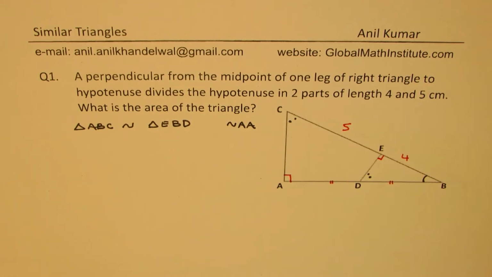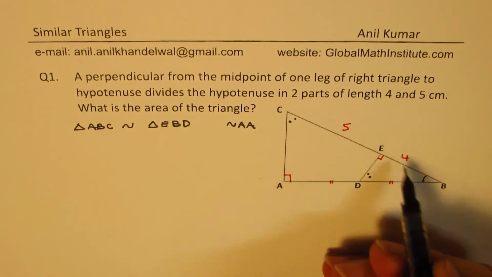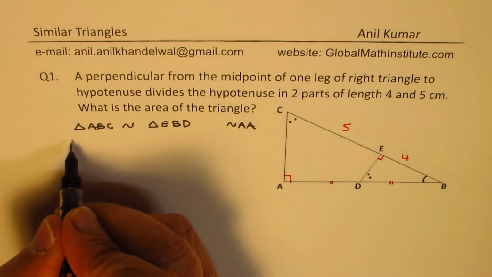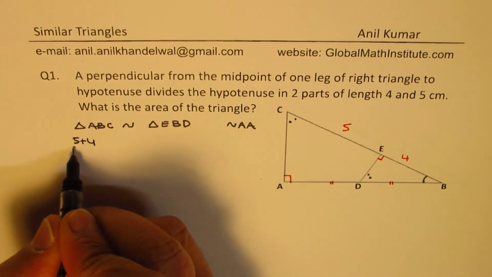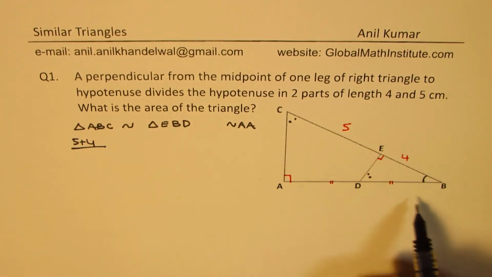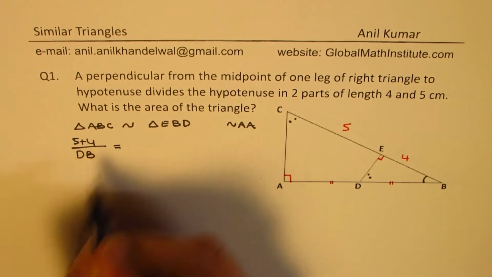Now in case of similar triangles, we can always equate the ratios of the sides. The side opposite to the bigger right angle is 5 plus 4, so we write 5 plus 4 over, in the smaller triangle, DB, is equal to.